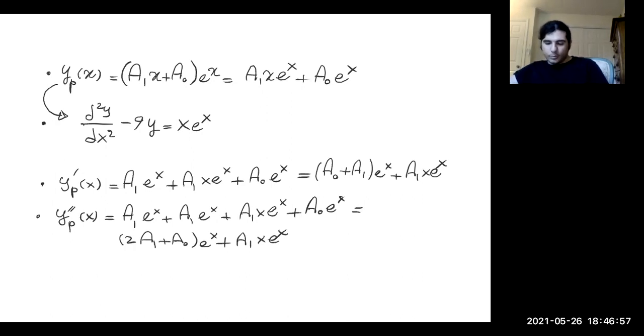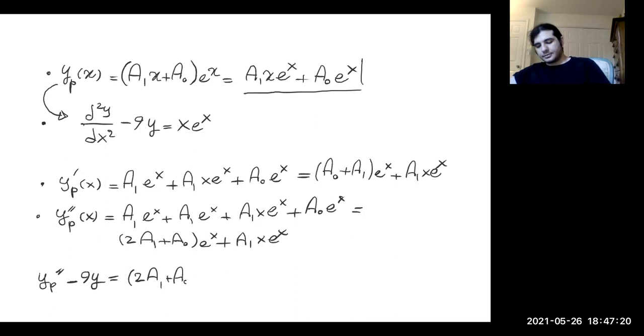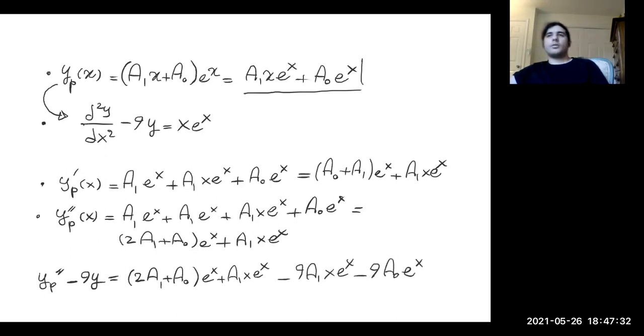And y itself is a1x e^x plus a0 e^x, we have it here. Therefore, the second derivative minus 9 times the function itself is equal to this. Right?